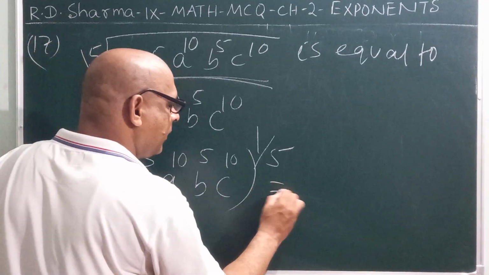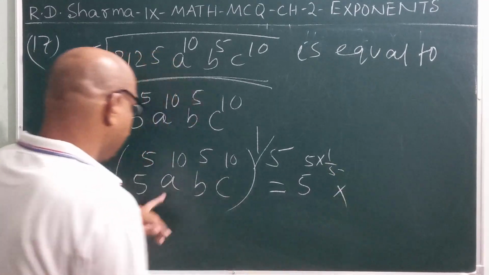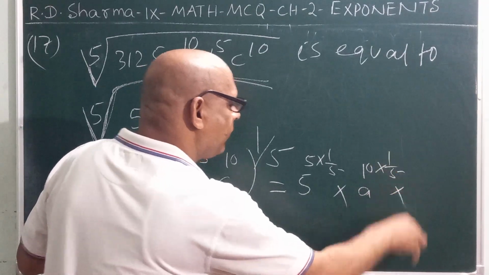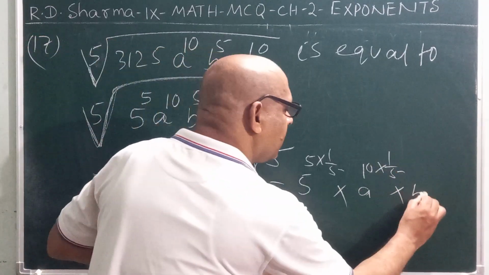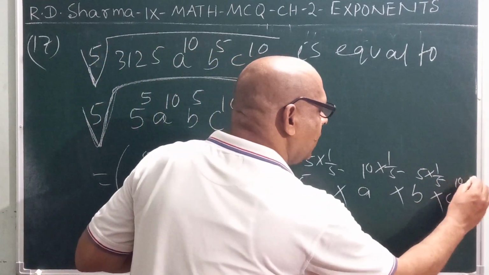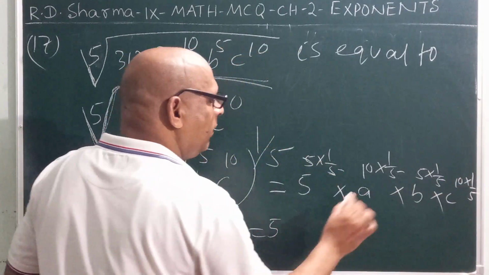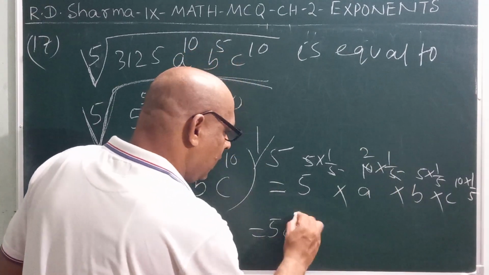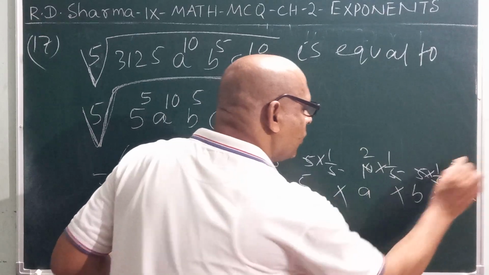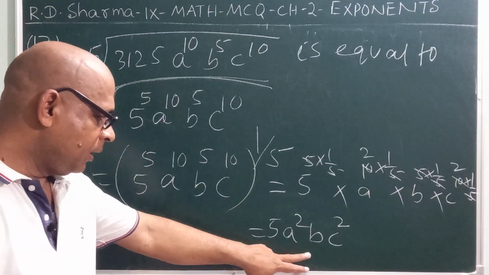Then 5 to the power 5 into 1/5, a to the 10 into 1/5, b to the 5 into 1/5, c to the 10 into 1/5. 5 cancels 5, 10 by 5 is 2, a squared, 5 cancels, b, 10 by 5 cancels, 2, c to the power 2.